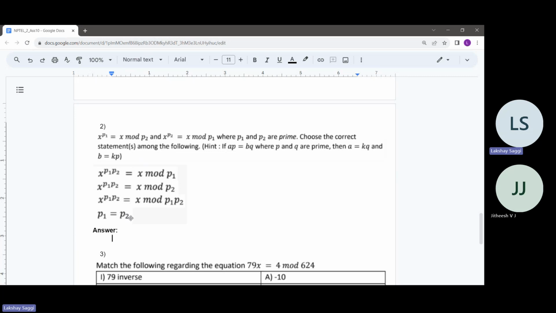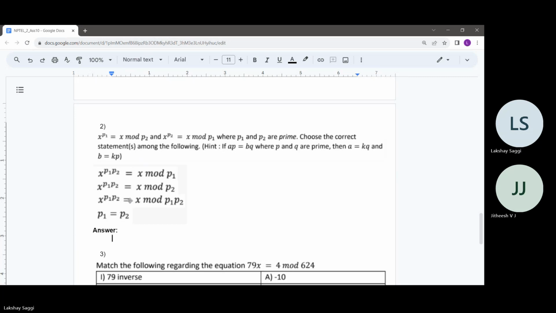There can be instances where p1 is not equal to p2, but these sort of things are satisfied. I think it's easy to see here because there is a modulo inequality. So first of all, p1 will not be equal to p2, and you can try it yourself in what cases this will be the case. So let's just ignore that for now.